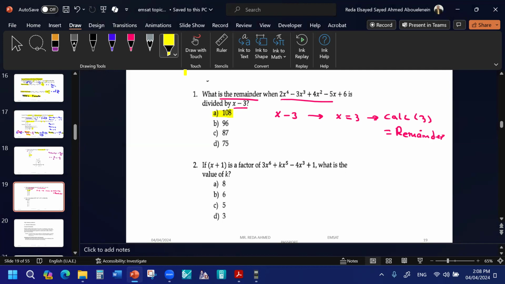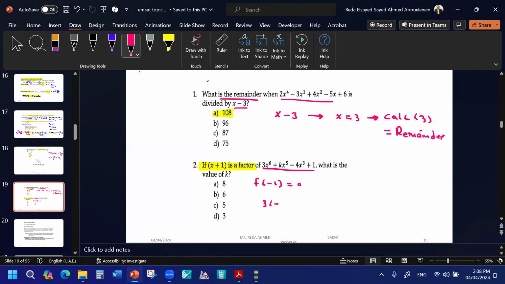Here, if x plus 1 is a factor, we understand that means f at -1 equals 0. So we can replace x with -1 and equalize this to 0.